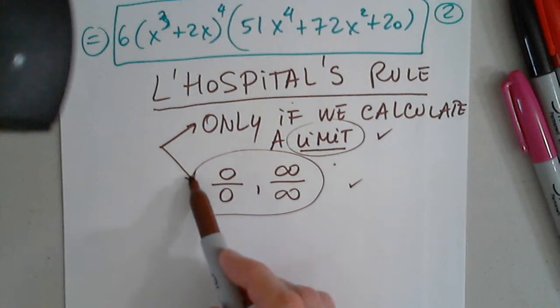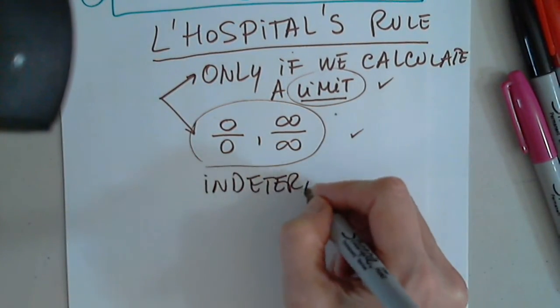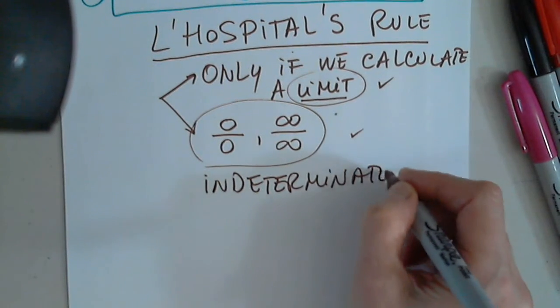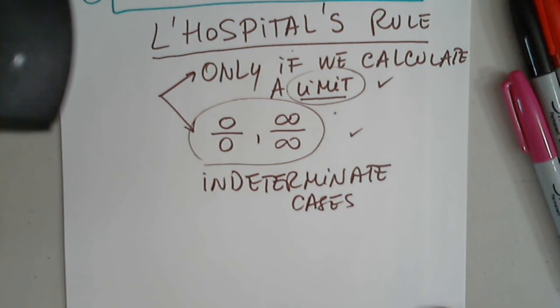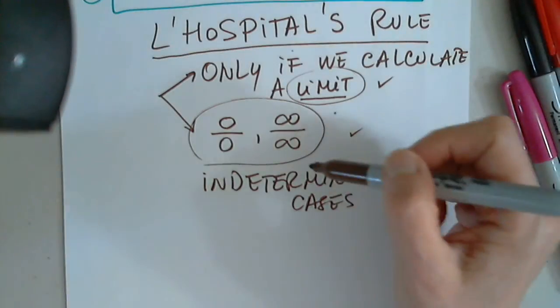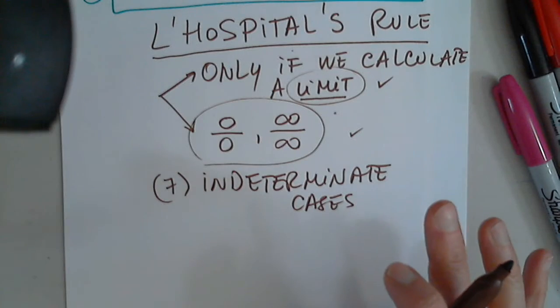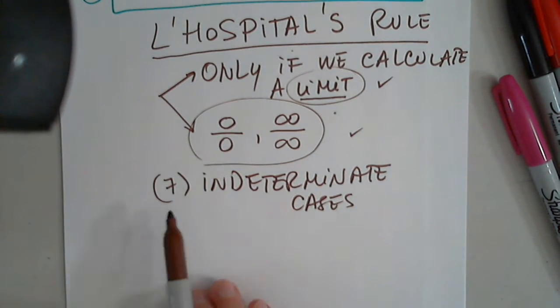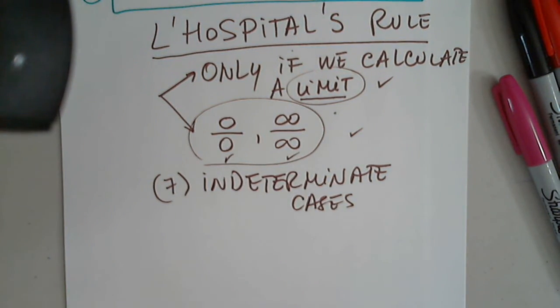And the indeterminate cases, these are called indeterminate cases or situations. Only in these 2. There is a total of 7. But in my calculus class, I present all 7. But in this class, we only need to look at these 2.